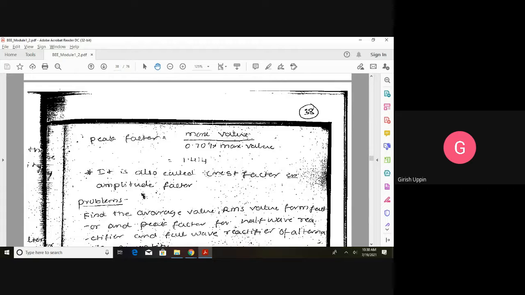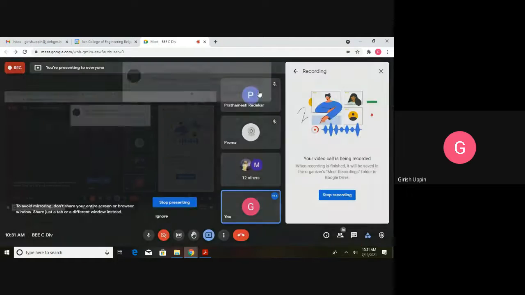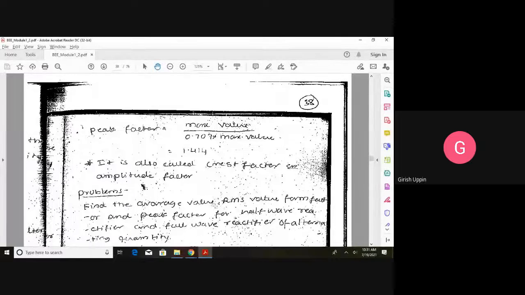So for a sinusoidal voltage, the peak factor is 1.414. That is how you can find the peak factor and the form factor. Form factor for a sinusoidal waveform is 1.11. Peak factor for the sinusoidal waveform is 1.414.